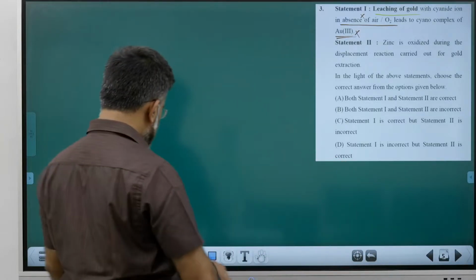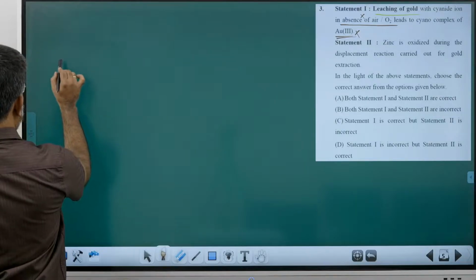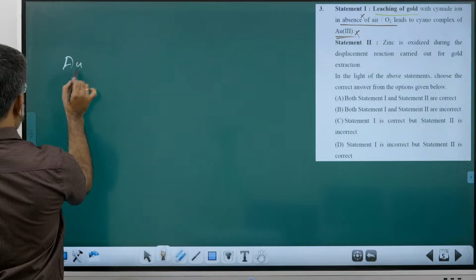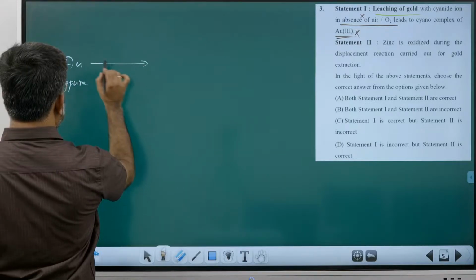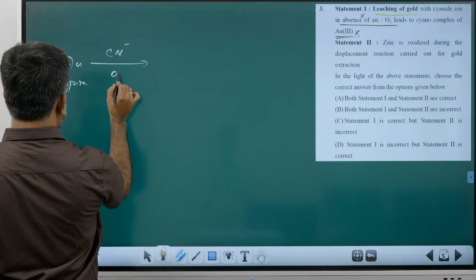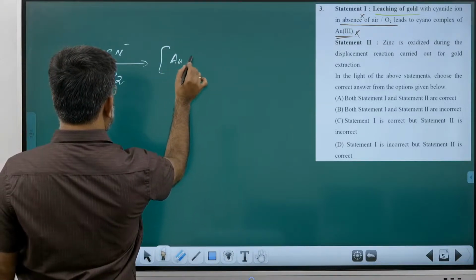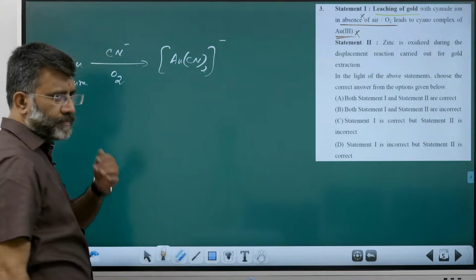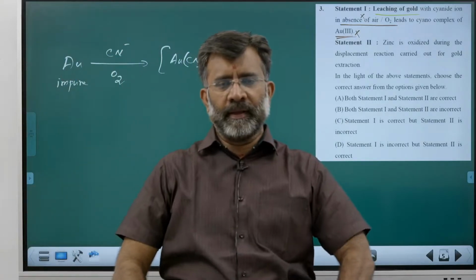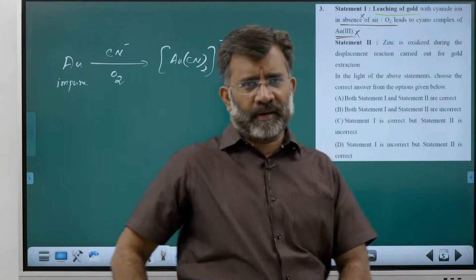Leaching of gold, hydrometallurgy, is studied in the NCERT clearly. The impure gold interacts with the cyanide solution in the presence of air and you get the complex Au(CN)2 minus, where gold is maintaining +1 oxidation state, well explained in the NCERT.